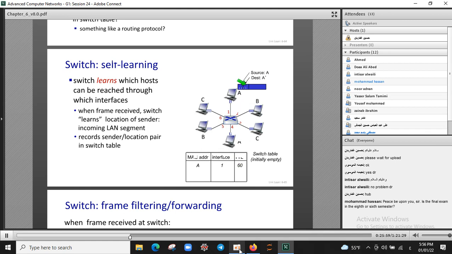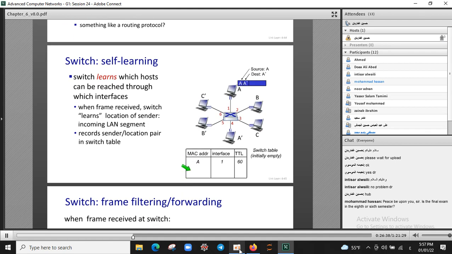Let me continue this example. This frame is sent by a system with MAC address A toward a system with MAC address A prime. The frame arrives at this switch. The switch learns about MAC address A, which arrived over interface number 1. But what about the destination? The destination is A prime. The switch will look for A prime.